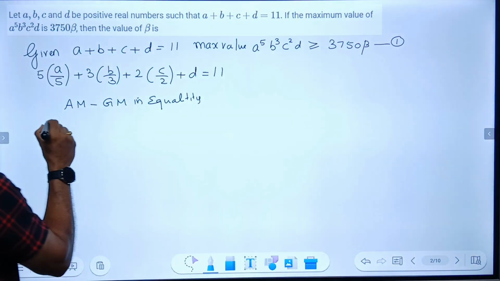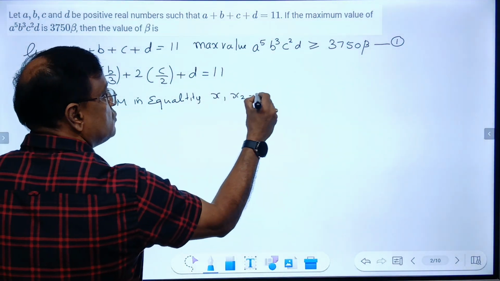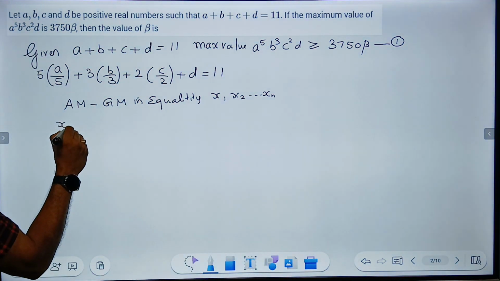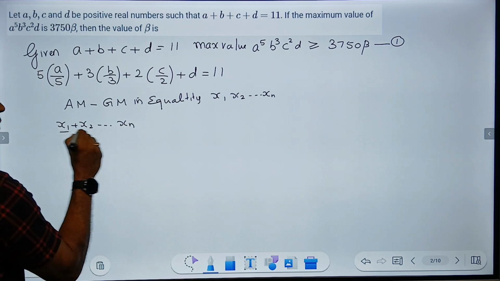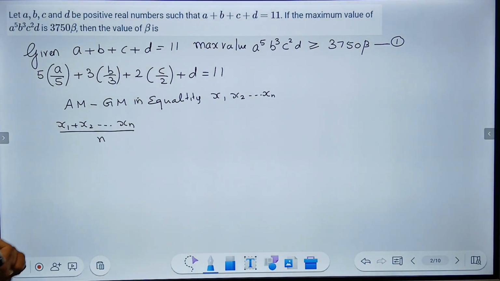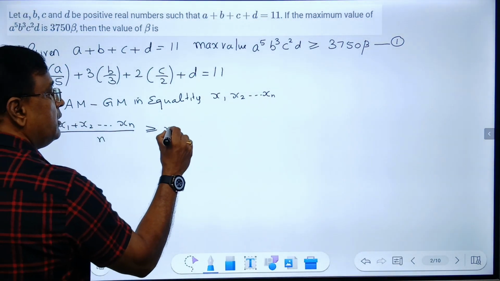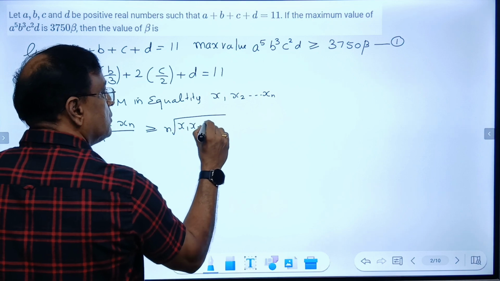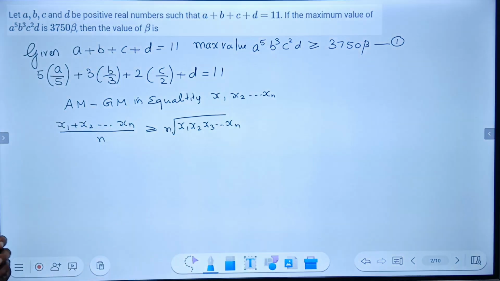For numbers x1, x2 up to xn, the formula is that x1 plus x2 up to xn divided by n, that is the arithmetic mean, is greater than or equal to the geometric mean. What is the geometric mean? The nth root of the product of all these. So I am going to make use of this result.